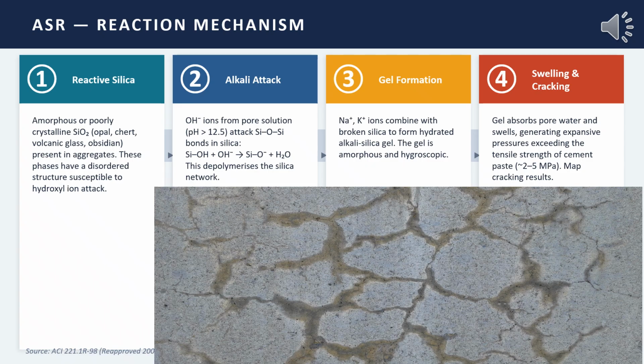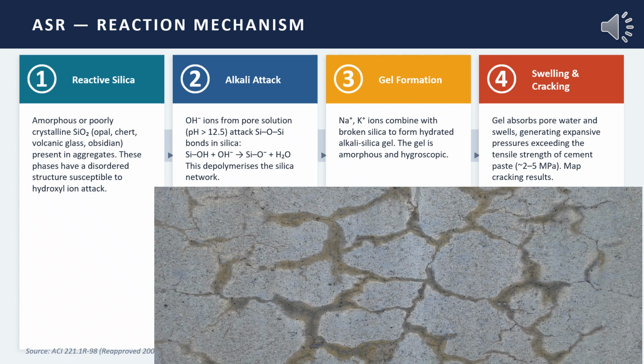Step 4. When the gel absorbs pore water, it swells. The volumetric expansion generates internal pressure that can exceed the tensile strength of the surrounding cement paste, which is only about 2 to 5 megapascal. This causes the characteristic map cracking we see at the surface.